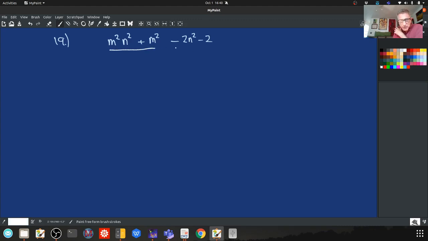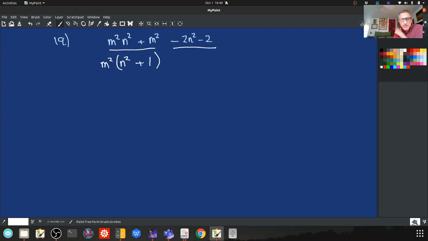So you make a grouping of the first 2. The greatest common factor of m squared n squared and m squared is just m squared. So m squared times n squared divided by m squared is n squared. And m squared divided by m squared is 1.